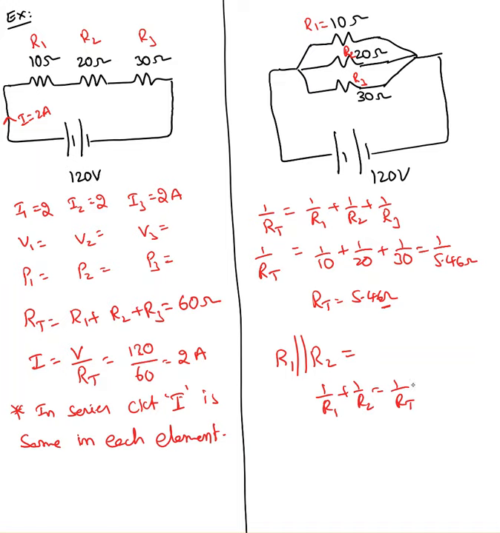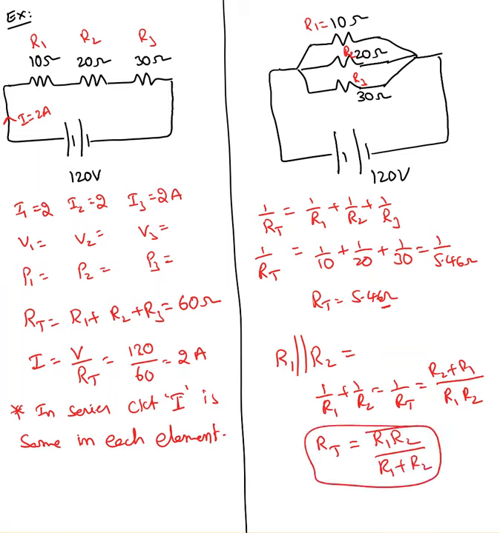So 1 over R total equals 1 over R1 plus 1 over R2. Taking the LCM R1 times R2, we get R2 plus R1 over R1 R2. If you invert it, R total equals R1 times R2 over R1 plus R2. So if only two resistors are in parallel, we commonly use this formula: multiply in the numerator and add them in the denominator.